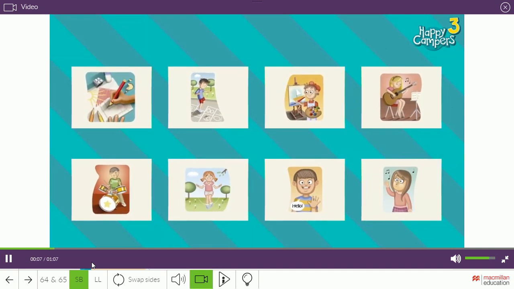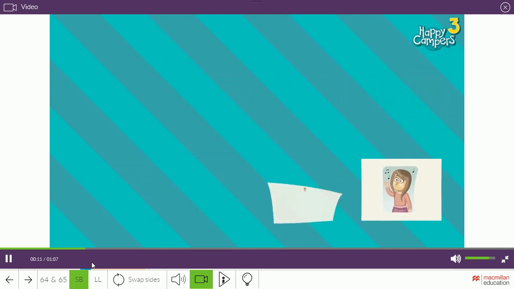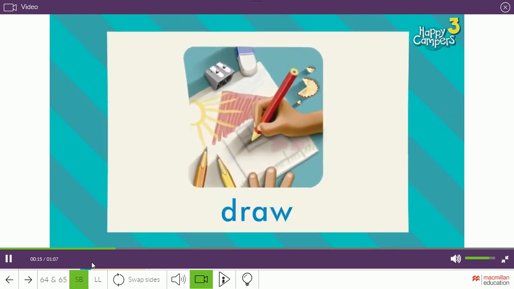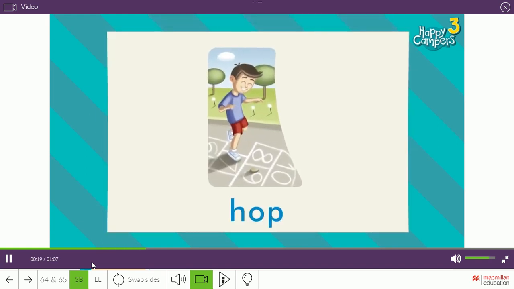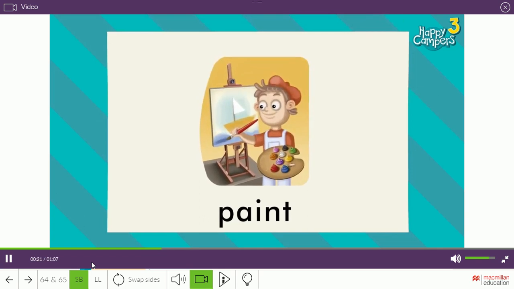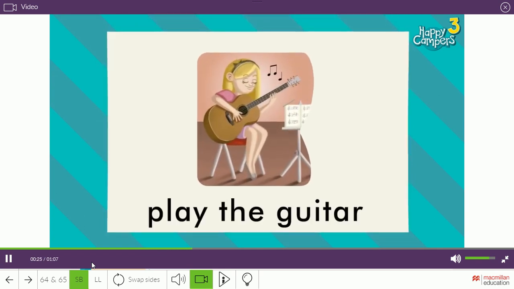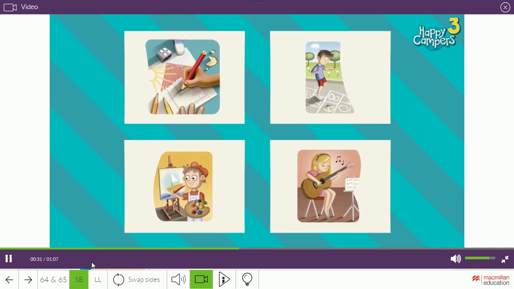Vocabulary, very. Draw, hop, paint, play the guitar, vocabulary, very.